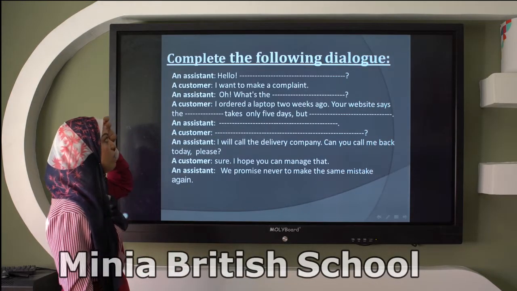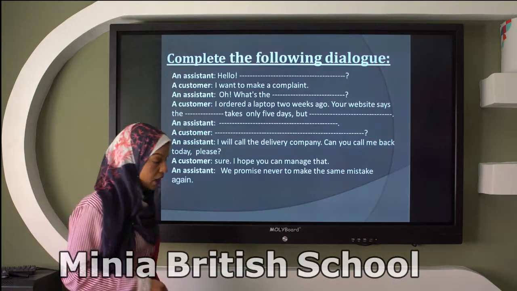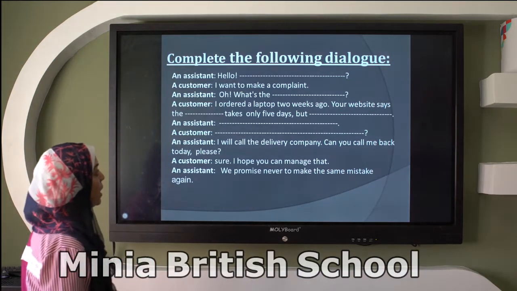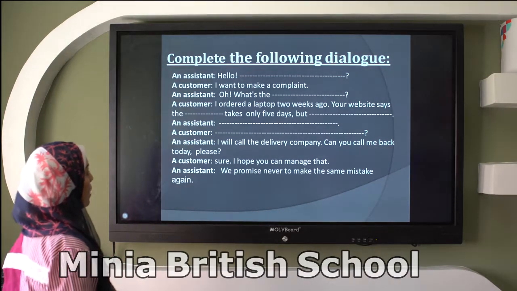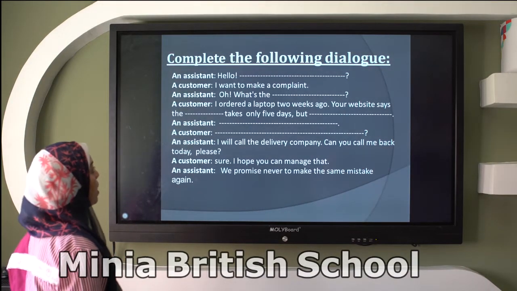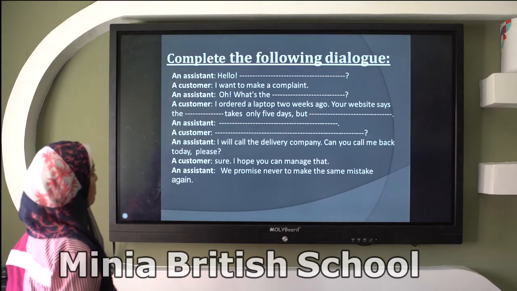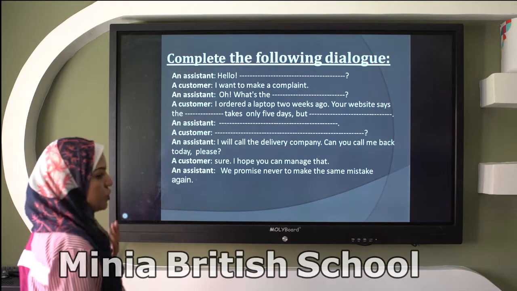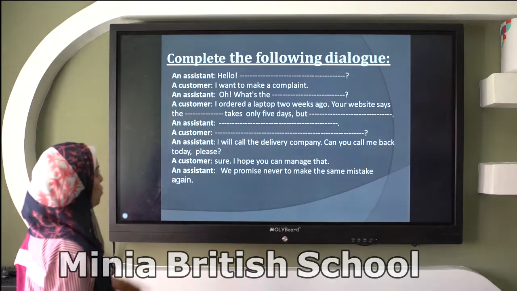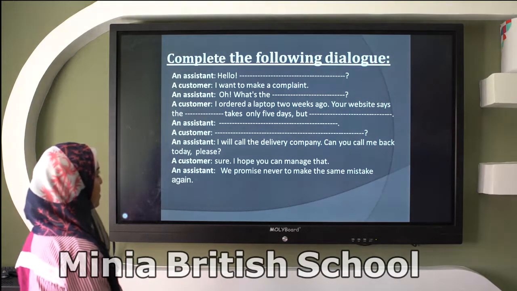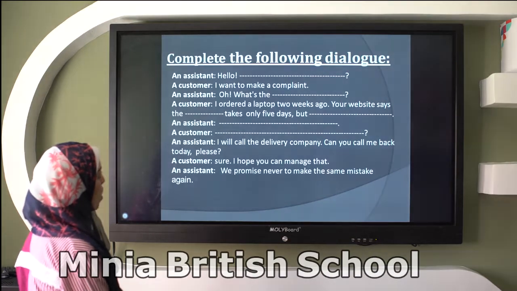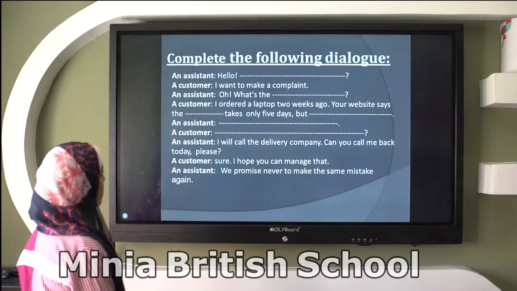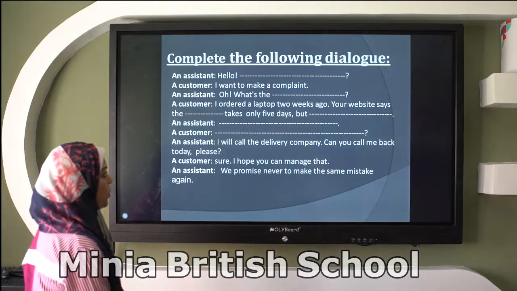Now comes the time for the exercise, and we have to complete the following dialogue using the ways that I gave you about the complaint, whether giving the complaint, rejecting, or even accepting. Here the assistant is receiving a phone call saying hello, space, and then the customer says, I want to make a complaint. The assistant, oh, what's the space? And then the customer, I ordered a laptop 2 weeks ago.